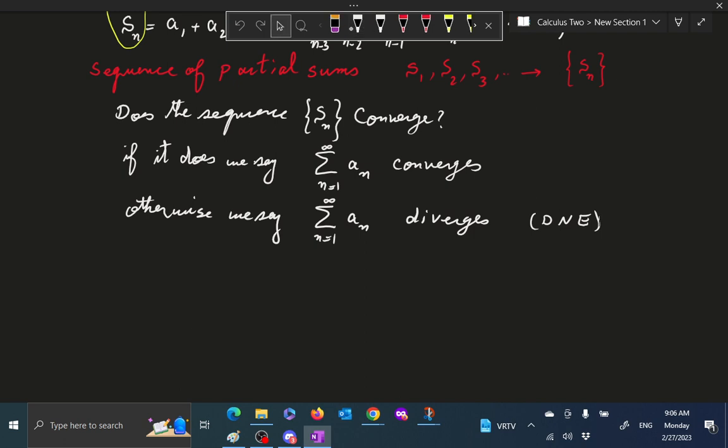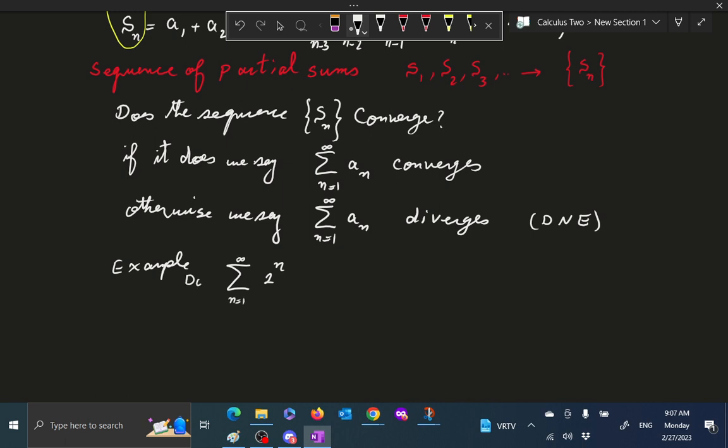Let's give some intuitive cases that we can easily judge one way or another, or at least we might have some sense about. Suppose I ask you, so here's a simple example. Suppose I say the sum of 2 to the power of n, as n ranges from 1 to infinity.